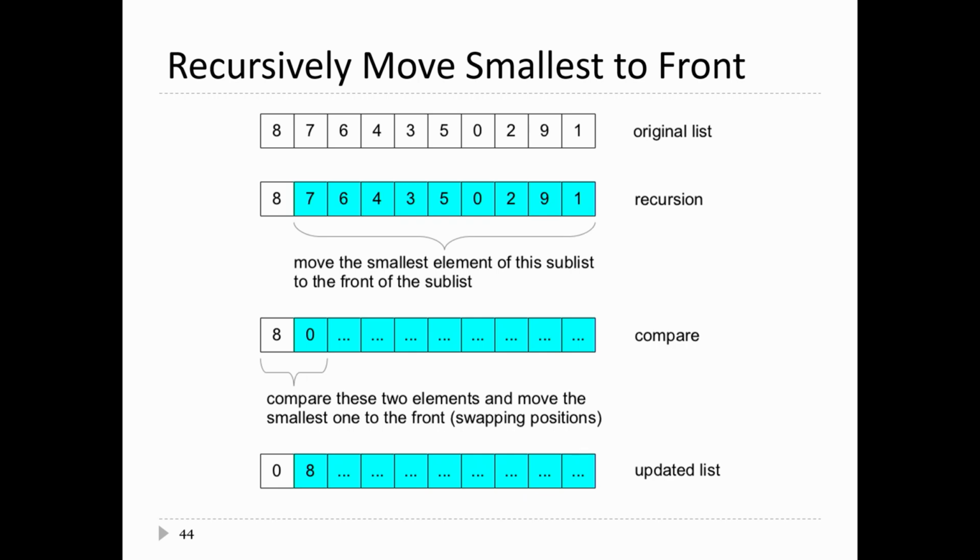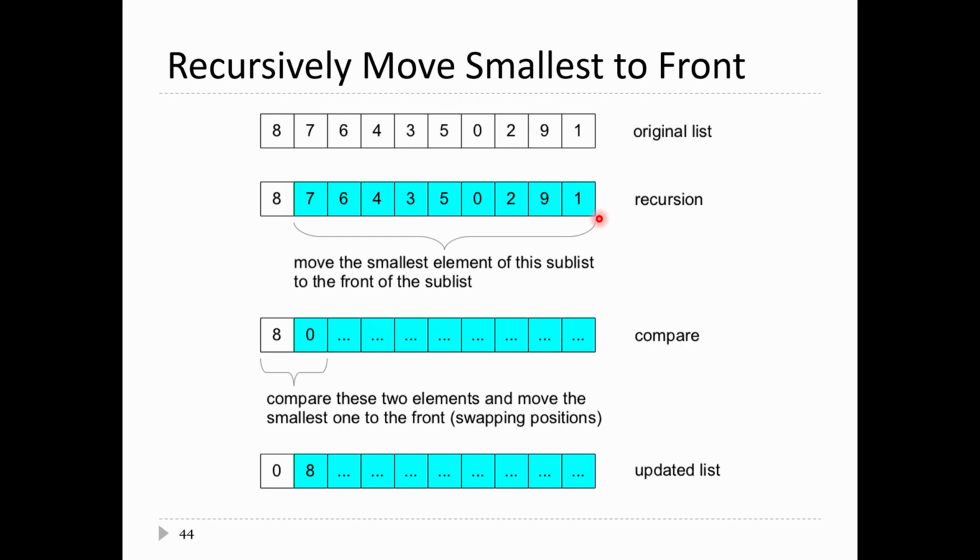And so one approach that you can take is you can say, well, suppose I can find the smallest element in the sublist that doesn't include the first element. If I can find the smallest element in this list and move it to the front of that sublist, I end up with the following.